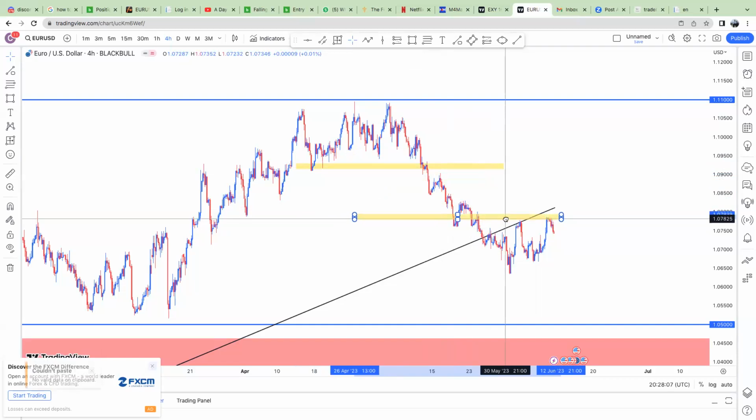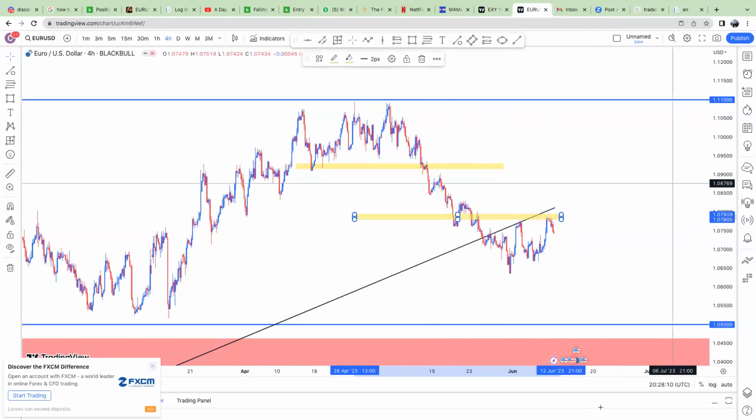I gave a trade signal on Friday to sell, and I made money from that sell signal.